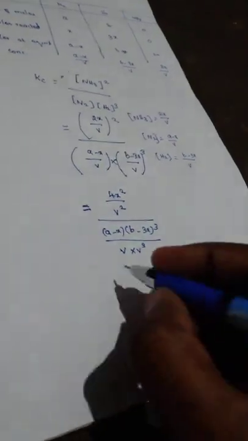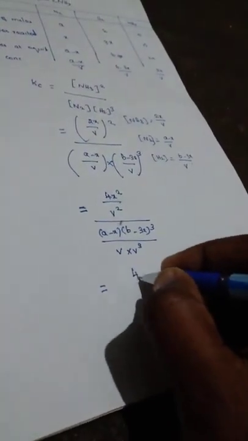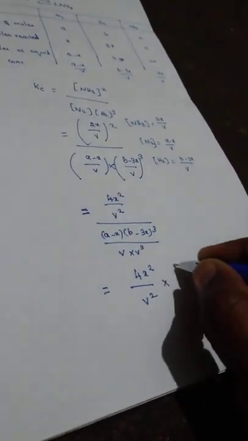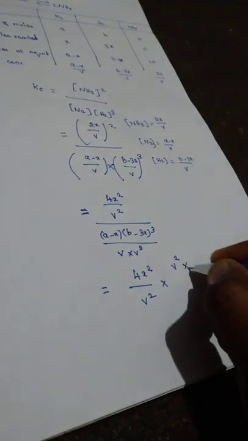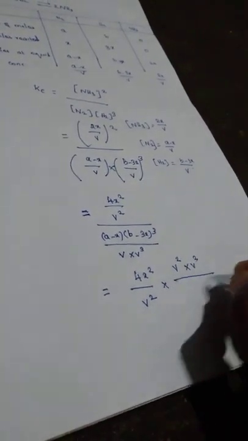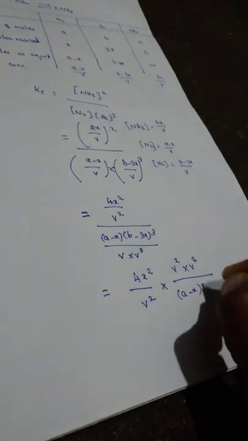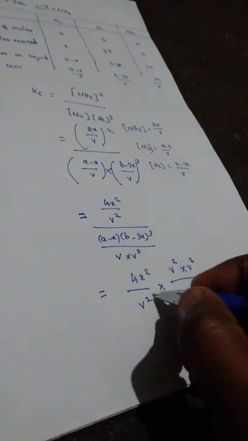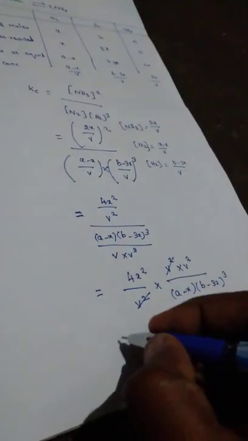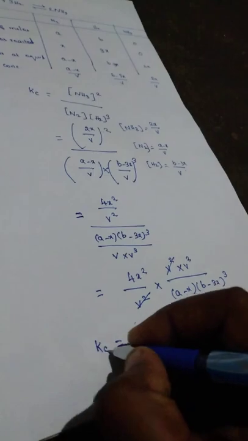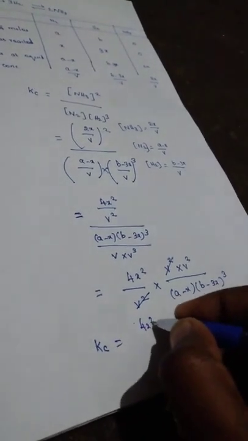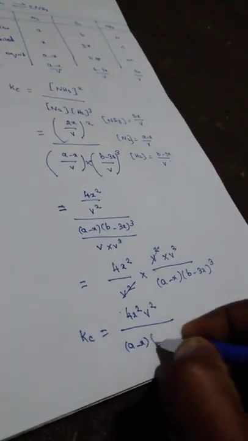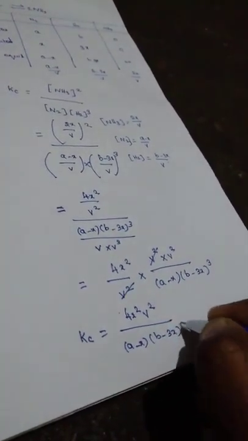Now this derivation can be written as 4X squared divided by V squared, and V into V cube can be written as V squared into V squared, divided by A minus X into B minus 3X the whole cube. You can cancel this V squared and this V squared. So you can write the answer: Kc is equal to 4X squared into V squared divided by A minus X into B minus 3X the whole cube.